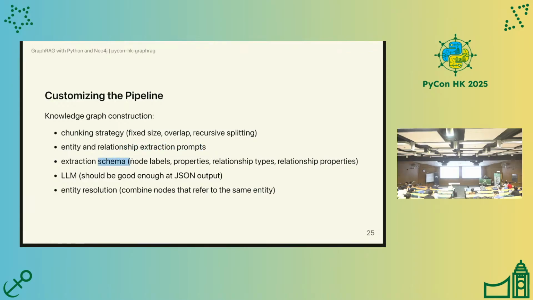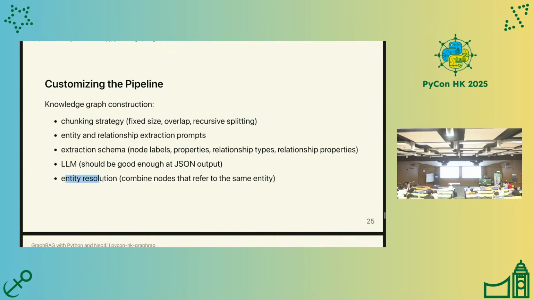You can also specify a schema for extraction, so you can tell it to only extract certain types of relationships or certain types of nodes. The LLM for extracting should be good enough at JSON output, so you might want to play around with it. And preferably you want to try not to choose something too expensive, because the prompts are quite long and you have a lot of documents, so just be careful of that.